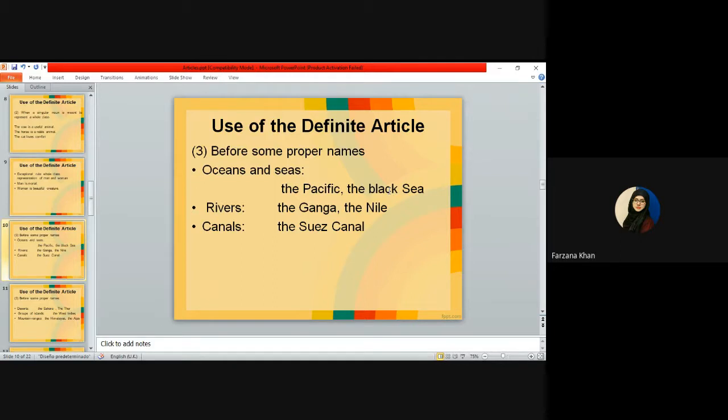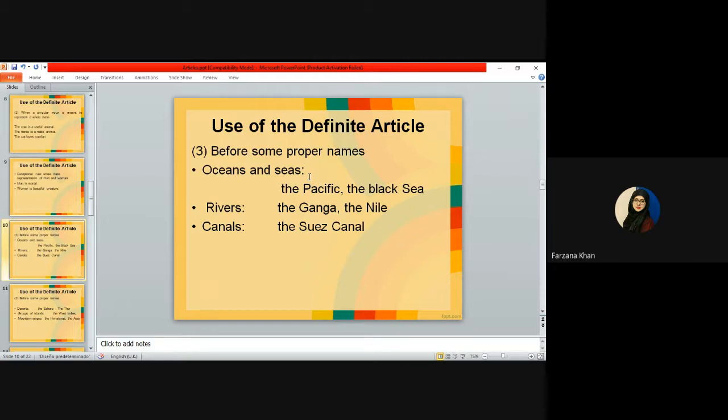You need to use the Black Sea. Similarly, when you are talking about the Arabian Sea, you cannot say Arabian Sea, or an Arabian Sea. You will always and everywhere say the Arabian Sea, right? So with the names of oceans and seas, you will always place the definite article before the complete names.